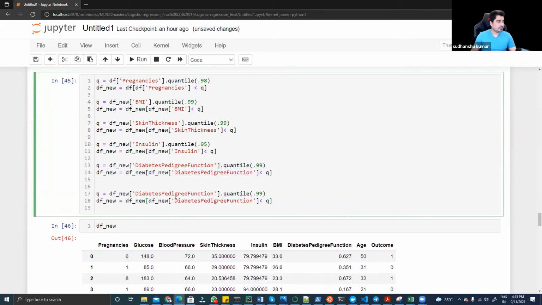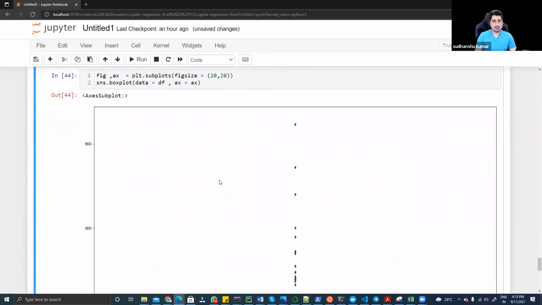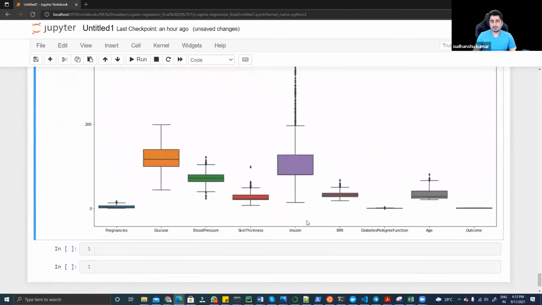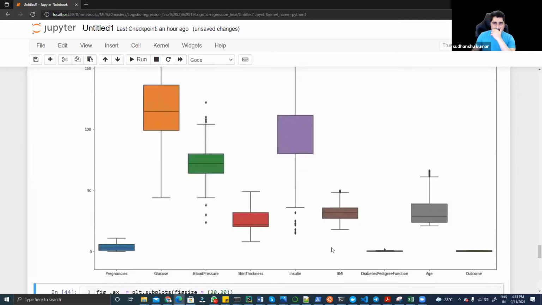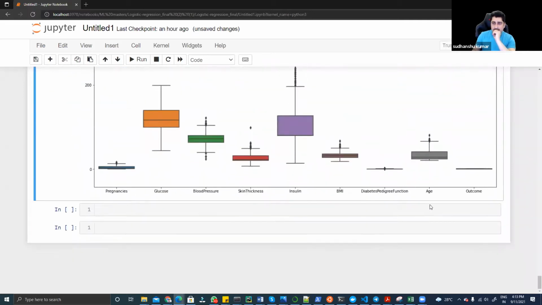Then we can try to work on maybe the age part, and let's see. Age column, 99% is good. 95, 99, 98, that's good. Age part is good.